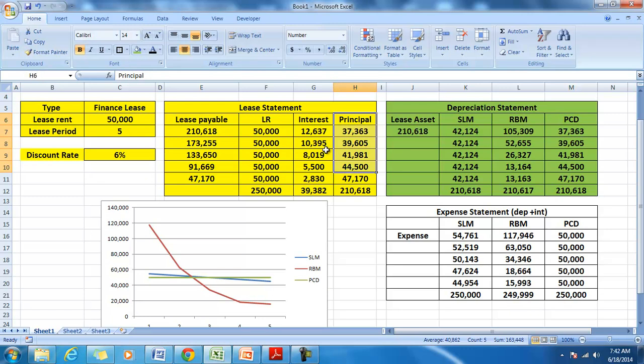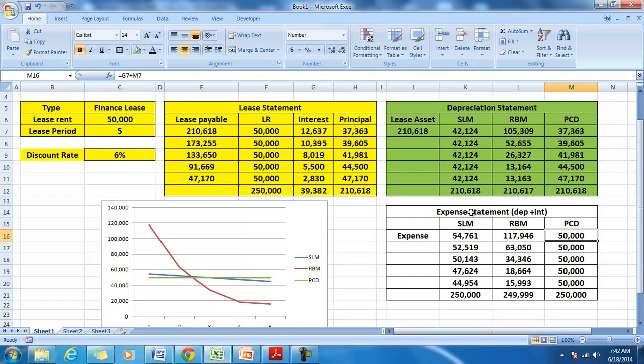But if the depreciation is not the principal component but straight line or reducing balance, then the expense in the income statement will not be the same as 50,000. So the profit under operating lease will be different from the profit under finance lease.